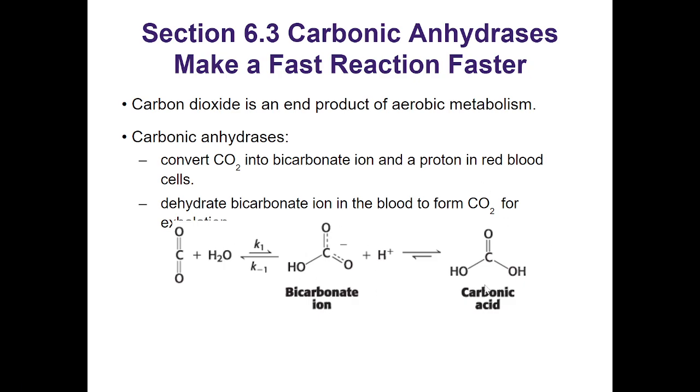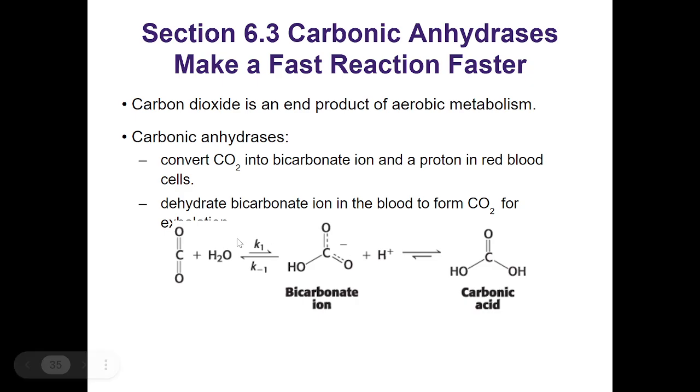We will then transport this carbonic acid, which is water soluble, through our blood to our lungs. At our lungs, we will do the reverse process, and the carbonic acid is going to go back to CO2, which we then breathe out. And this is how we get rid of CO2. Does anybody have any questions about that?